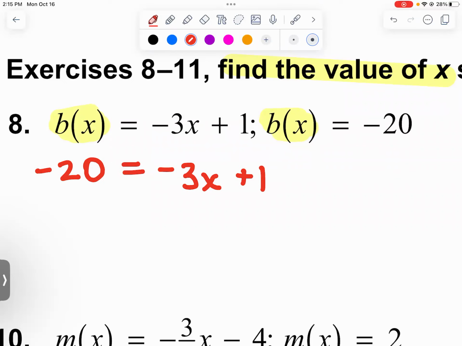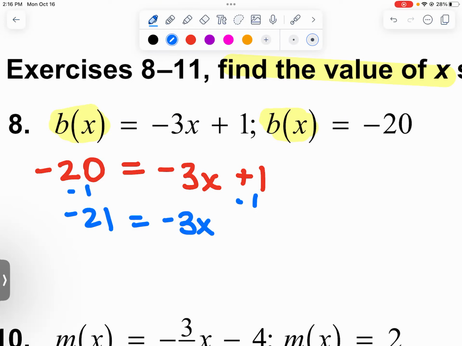Kyron, is the answer 7? Let's talk about how to get it. I don't want you to tell me. You subtract 1. Okay. Since B of X is negative 20, I took B of X and I replaced it with negative 20. So yes, now I can subtract 1.